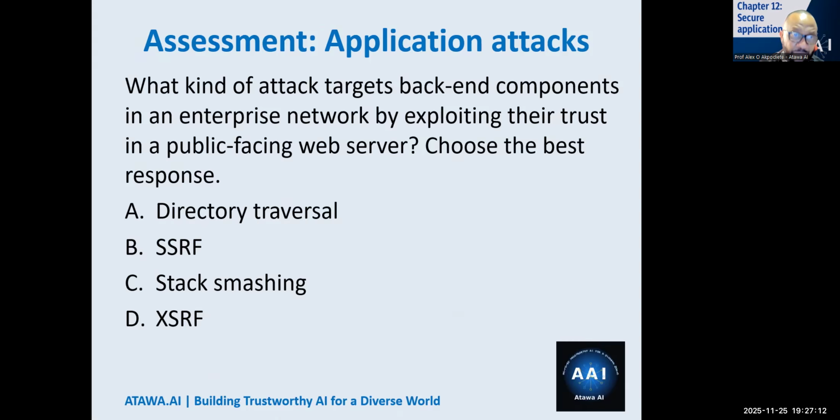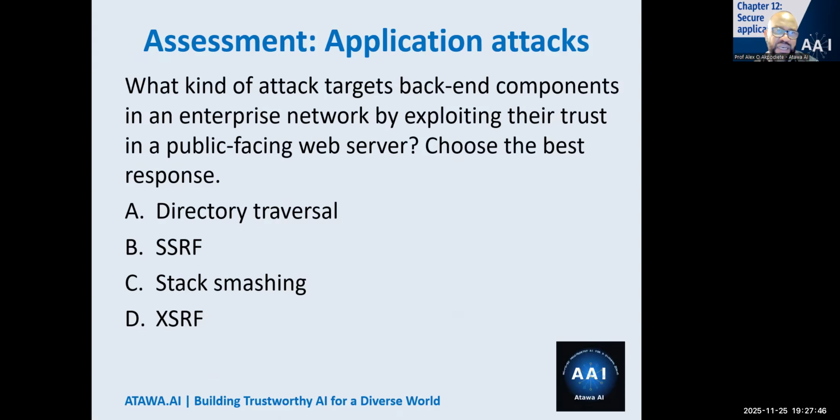Okay, look at this one, for example. What kind of attack targets back-end components in an enterprise network by exploiting their trust in a public-facing web server? Choose the best response. So in this case, the back-end components in the network trust a public-facing server. So that is the site's trust of the user, right?